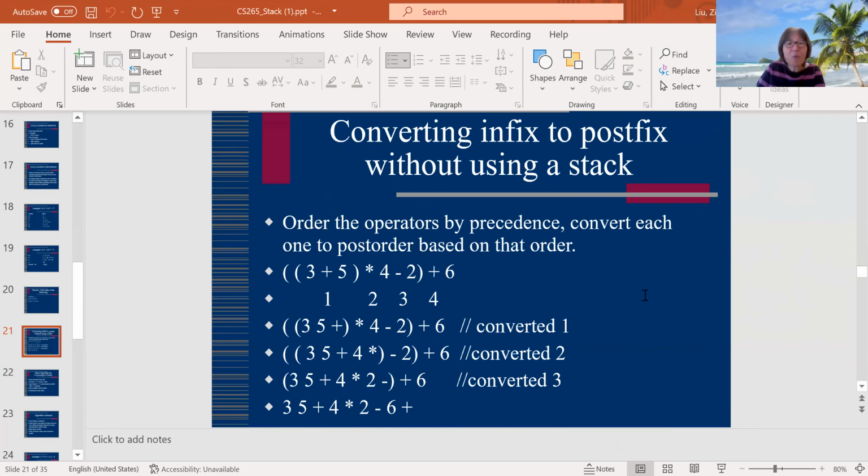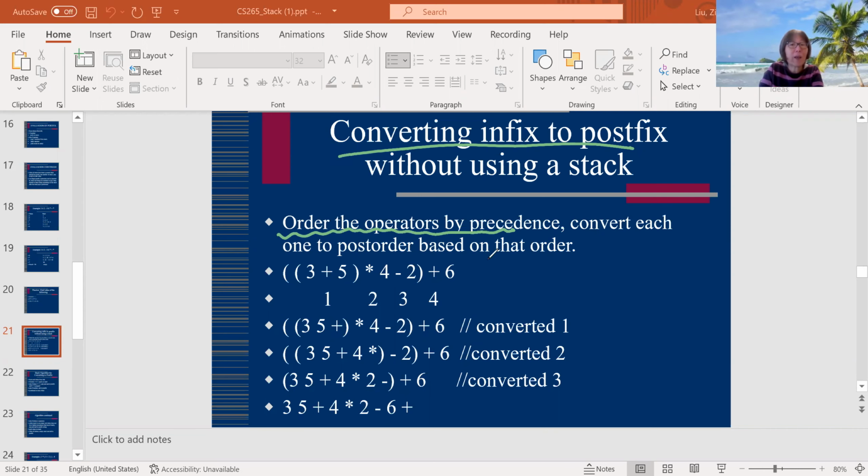And what next is, how are we going to convert infix to postfix? If we want to convert infix to postfix without using a stack, then we need to order the operators by precedence.